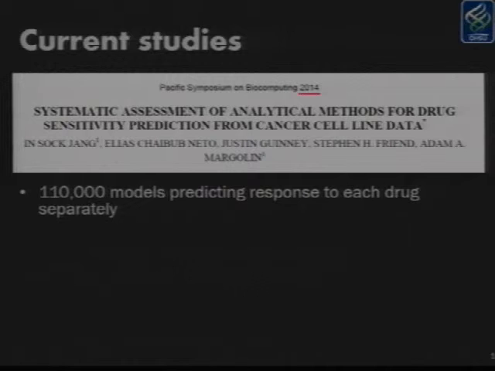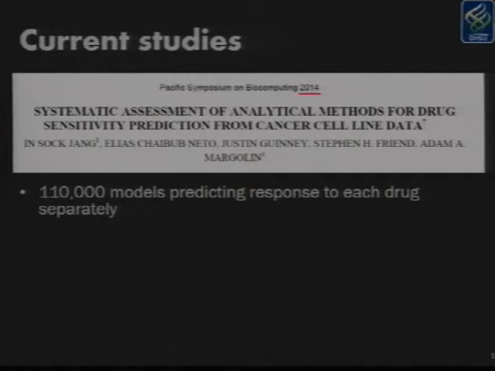So he had over 110,000 different combinations of models. The things that he varied were the type of input data and the algorithm that was used, the type of output data, so whether we're trying to predict the IC50 or the area under the curve, and whether that output was binary or continuous.